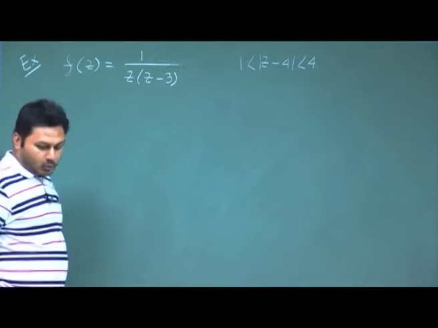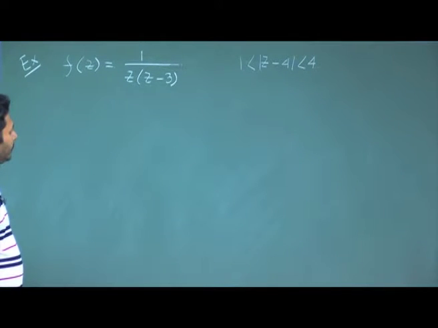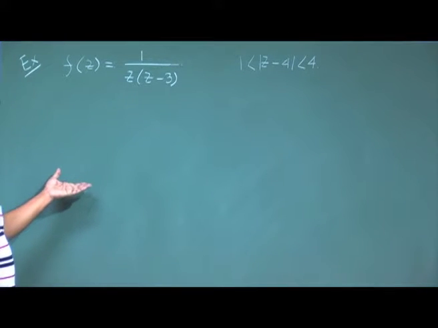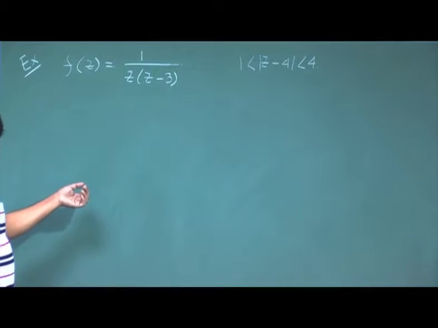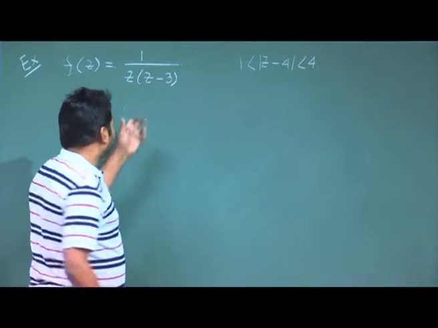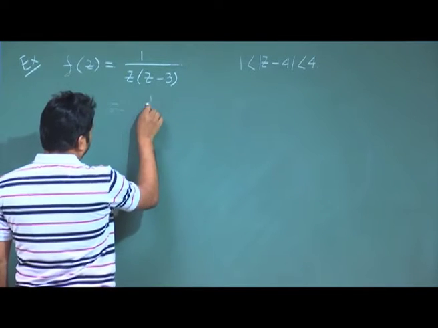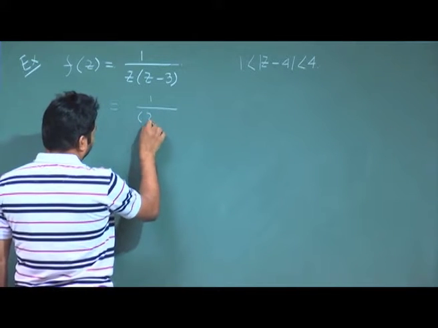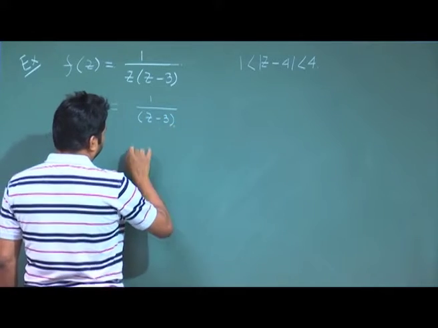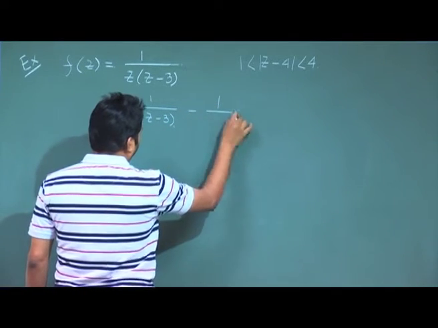Now, if I want to do that, we will do it the way we have already done these things so far. We will just separate it as 1 by (z minus 3) minus 1 by z.